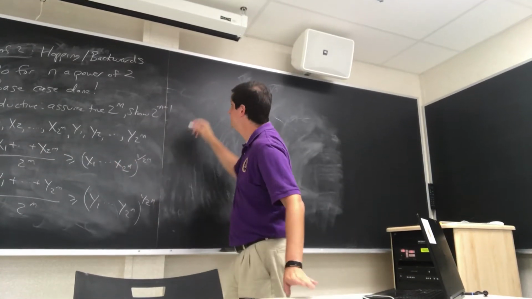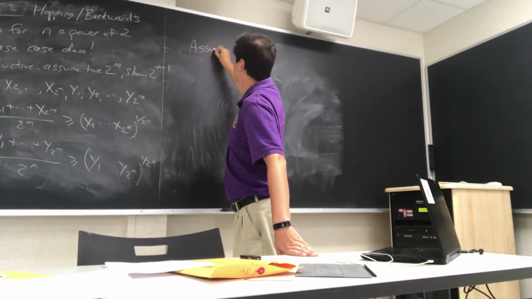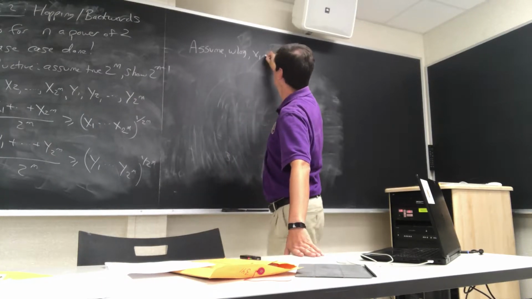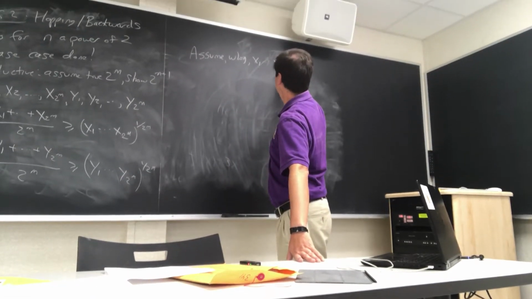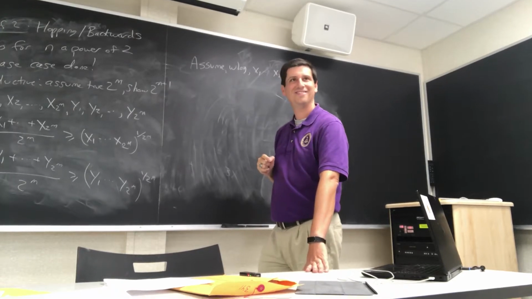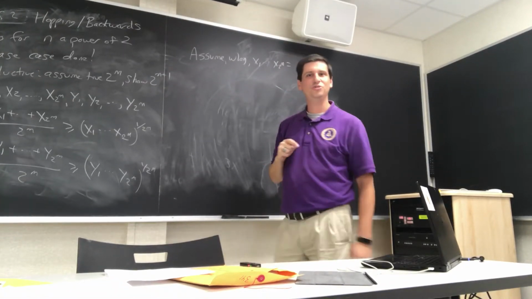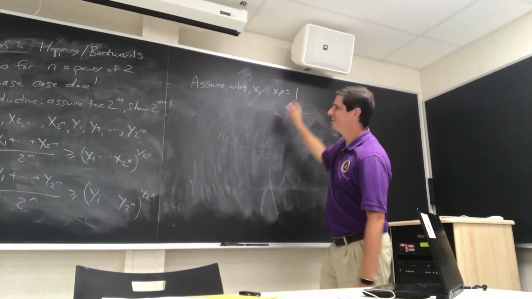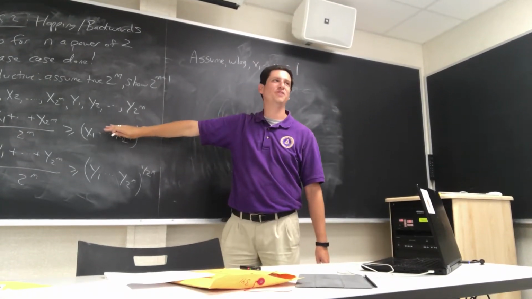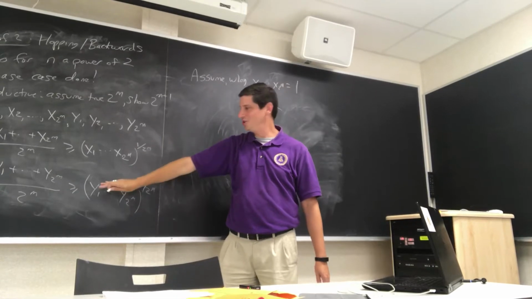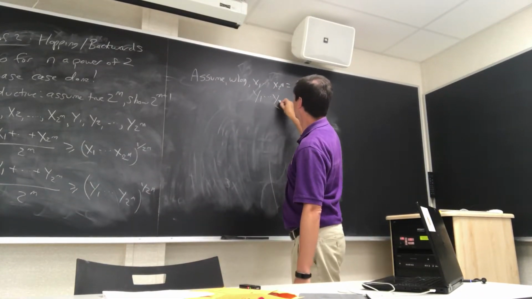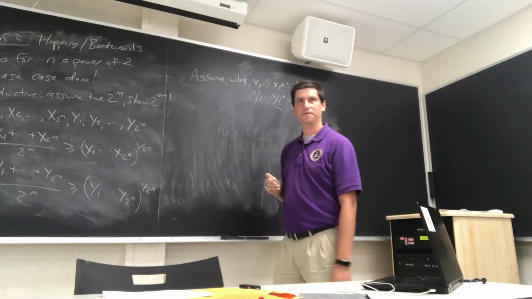What I would do here is assume, without loss of generality, that x1 times through x to the 2m equals, what should I assume that product equals? 1. Because then this right-hand side becomes very nice. What should I assume the y's equal? Also 1.